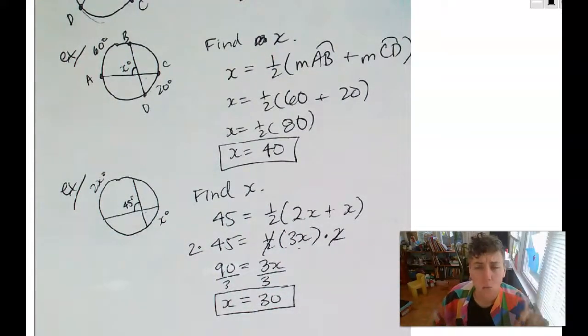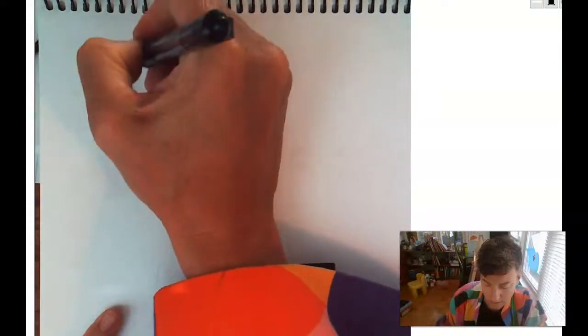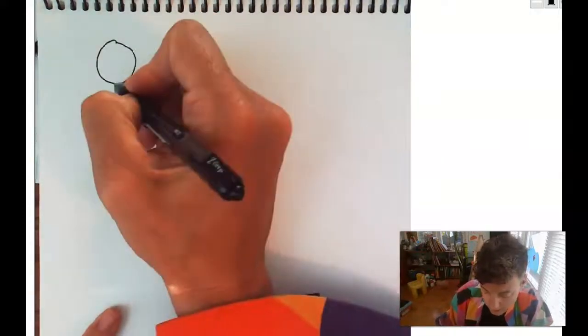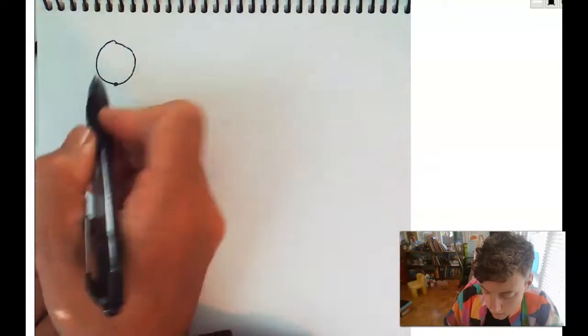We have one more theorem for this video. It's going to look a couple different ways, but the premise is the same. So let's check it out. All right, last one. Here we go. Go ahead and draw a circle. Draw a tangent to the circle.